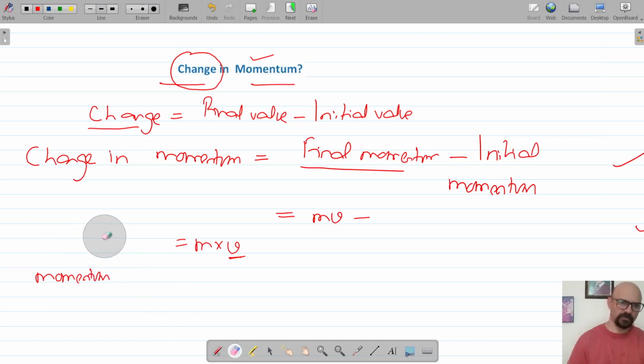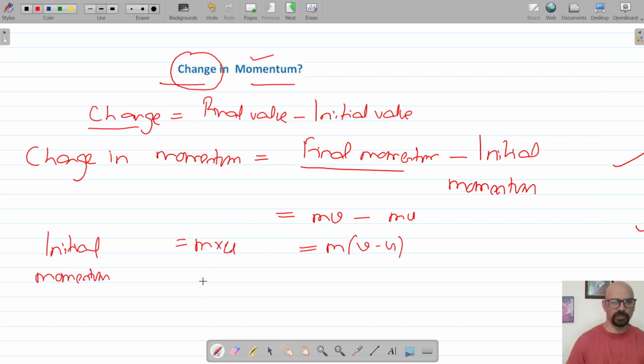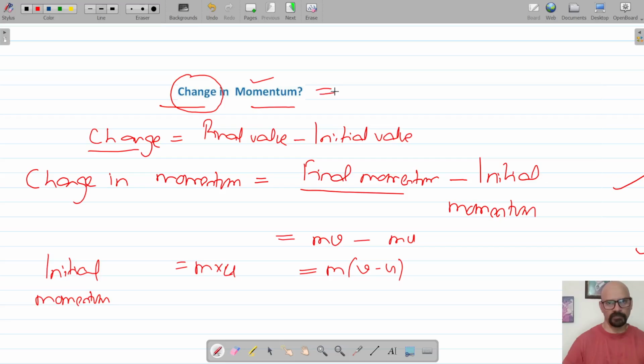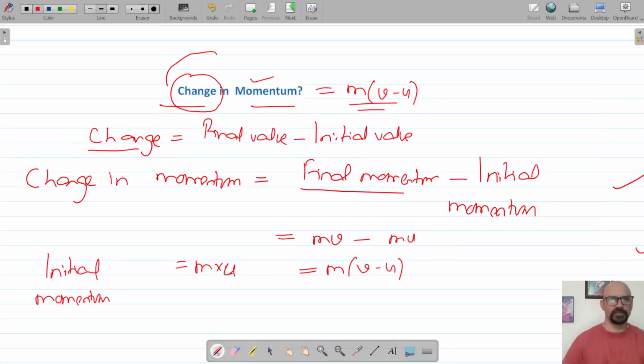And if we have to find out the initial momentum, because mass will be constant and we just change the velocity, that would be the initial velocity, so m into u. And m is common, so we will write m into v minus u. So our change in momentum is mathematically written as m into v minus u. Okay, so this is change in momentum.